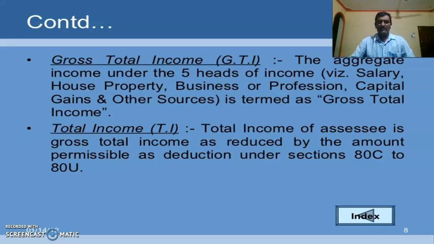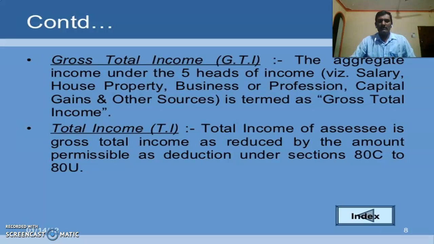Then what is total income? Total income of an assessee is gross total income as reduced by the amount permissible as deduction under section 80C to 80U. The Income Tax Act 1961 made it very clear about the computation of total income. Whatever gross total income we got from the 5 heads of income, from that we have to subtract the deductions under section 80C to 80U.